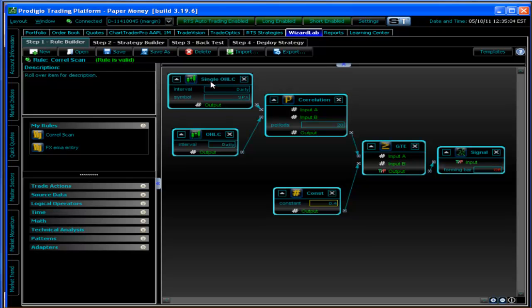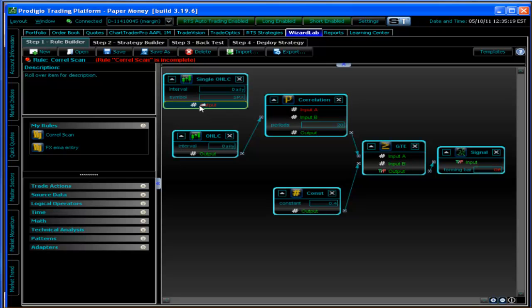But all this does is, by dragging and dropping, this is what I'm defining. I'm saying take OHLC daily bars as they come into the system, specifically SPX daily bars. As they come in, I take those bars and send them into a correlation study.